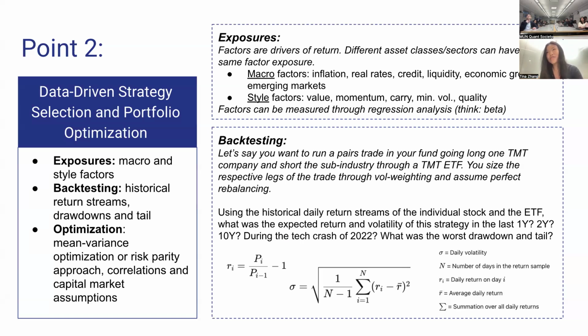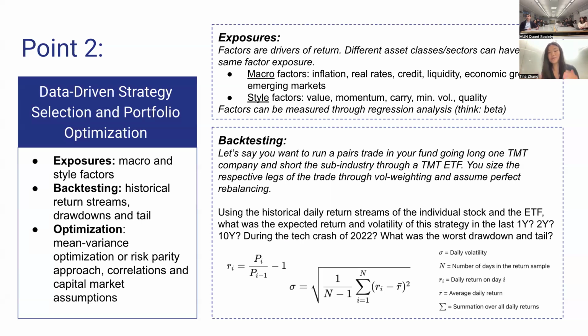So let's say you're going to do all that. If you have historical daily return data, which you can pull from Bloomberg, you then have a return stream of your trade, and you can do some statistical analysis on it. You can calculate the expected return, which is R equals P over P minus 1. You could also calculate the volatility, which is the square root of the variance, the standard deviation of the return stream.